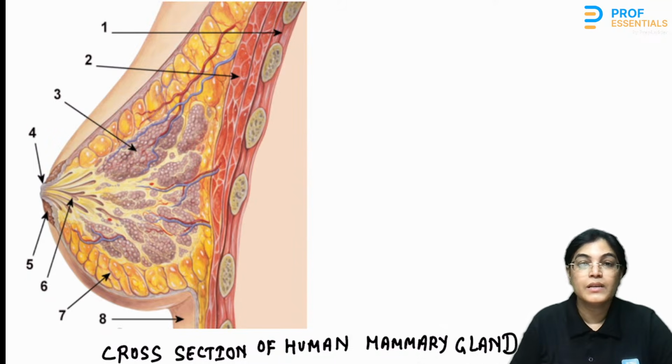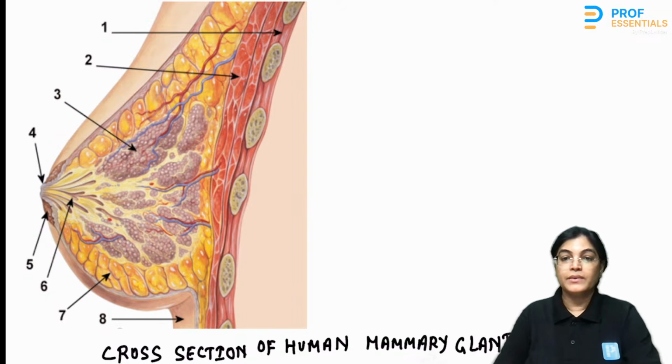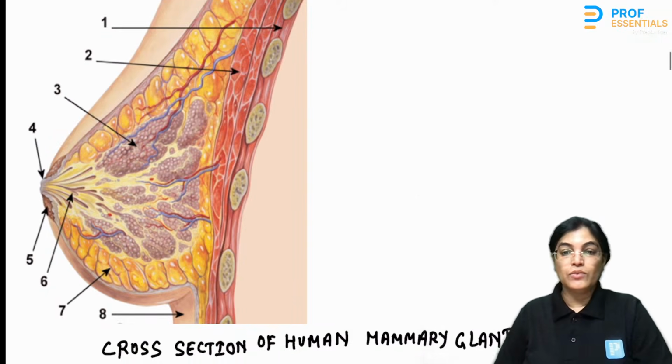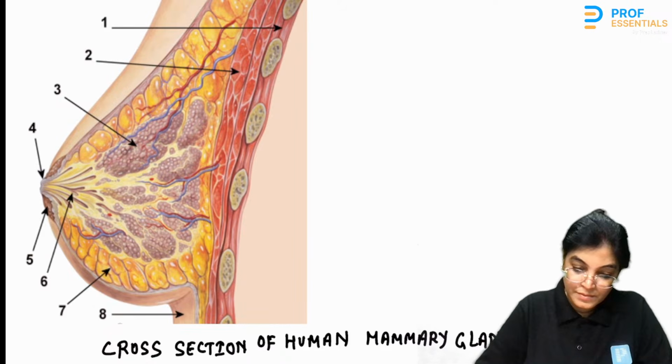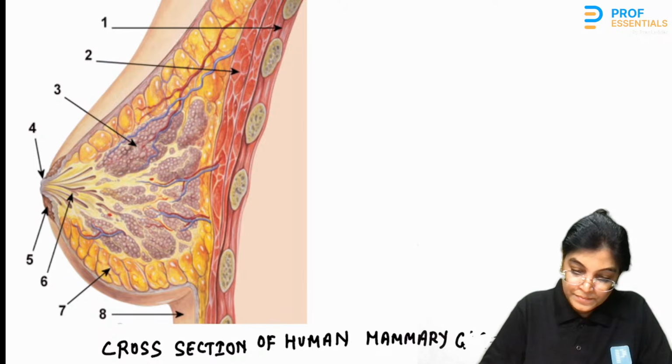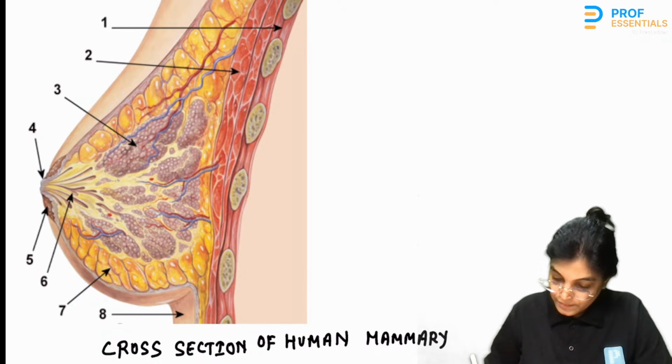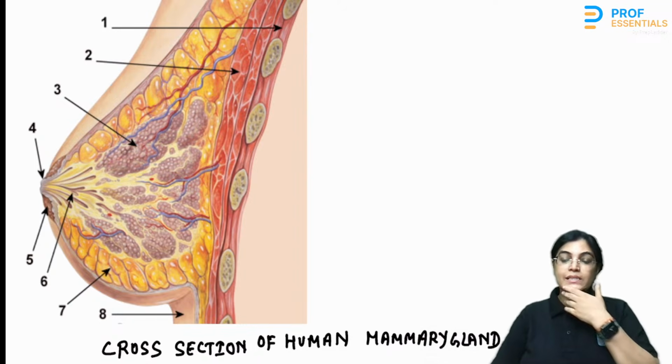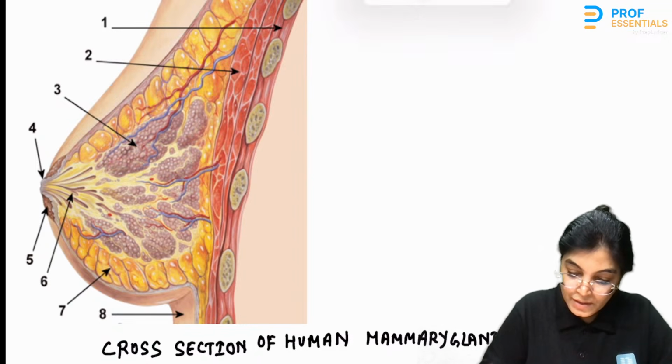Okay, this is the image where you can see the cross section of human mammary gland. Done. Now let's see the structures one by one.